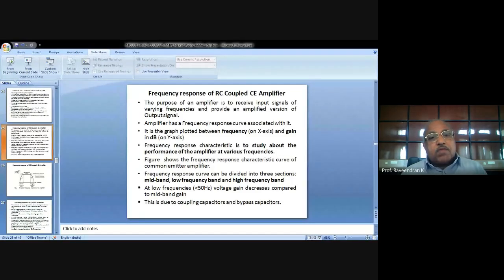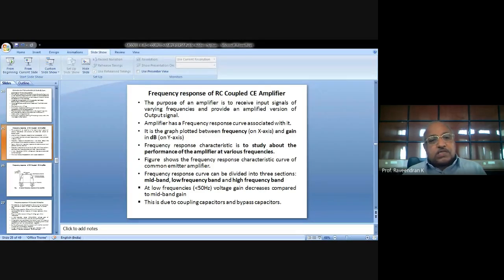An AC signal will always vary in accordance with the frequency at which it is propagating. So the purpose of an amplifier is to receive input signals of varying frequencies and provide an amplified version of the output signal. So every amplifier has a frequency response characteristic associated with it.